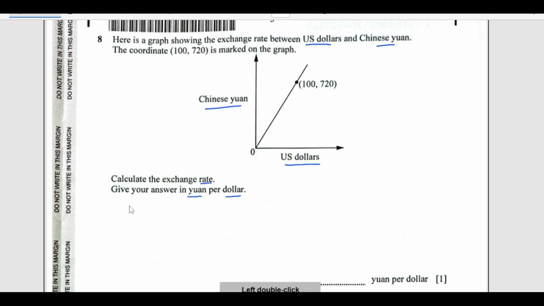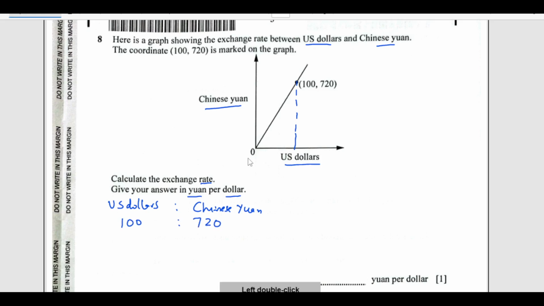If you go along the x-axis, it is dollars, so that means 100 US dollars. If US dollar is 100, then Chinese yuan becomes 720, right?